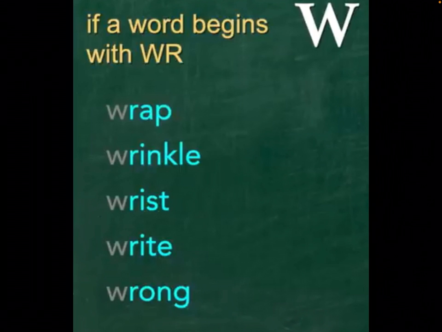Now, W. If a word begins with WR, the W is always silent. I'm going to repeat this because we have many words that start with W. If a word starts with WR, the W is always silent, like in these words: wrap, wrinkle, wrist, right, wrong.